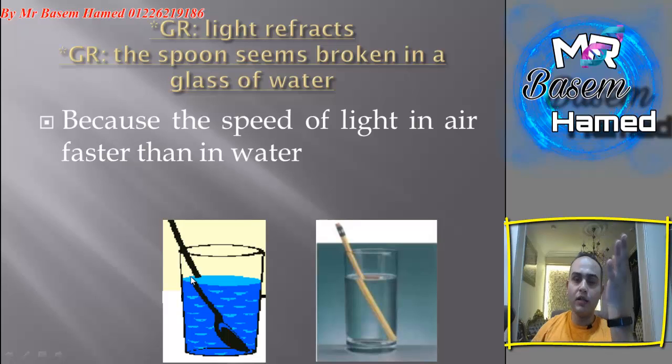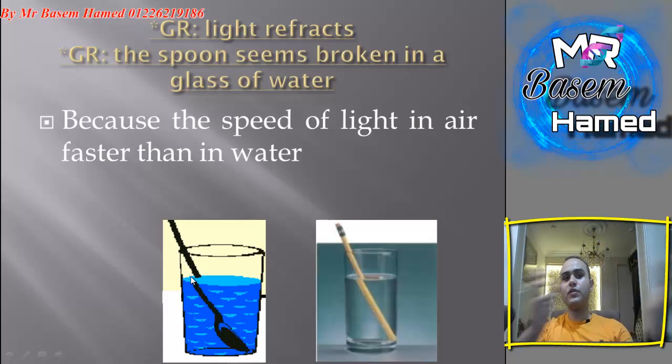Let me explain that. When the light travels through the air, it has a speed, and when it passes through the water, it has a different speed, which is lower than the speed of light in the air.